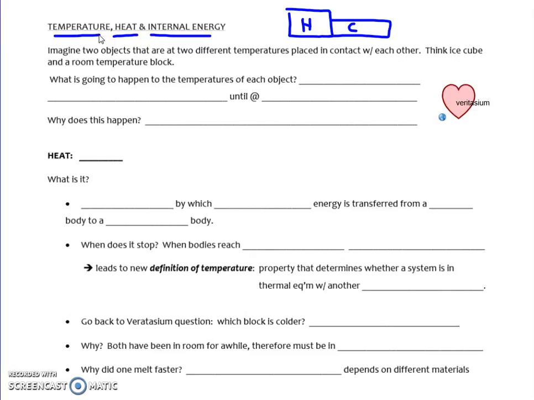Well, I think most people understand that the hot object will cool, and the cool object warms.